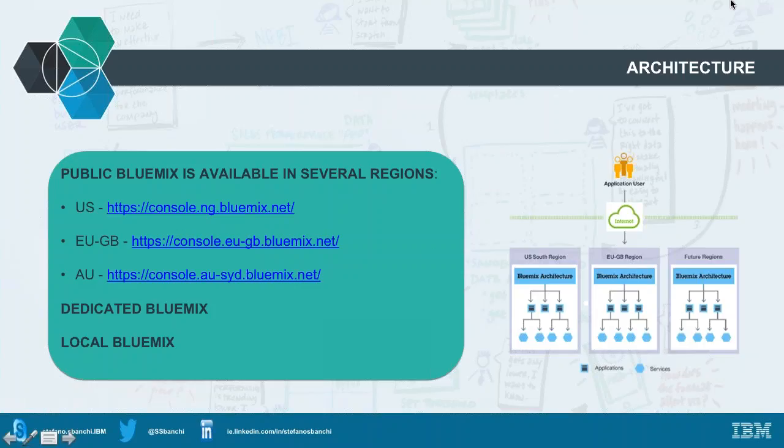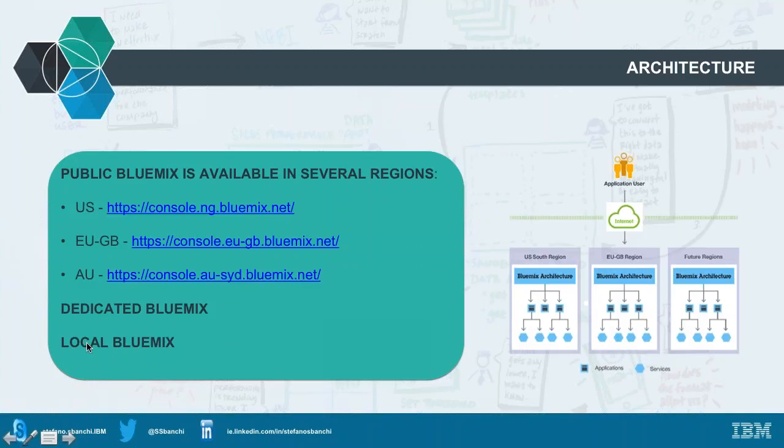So for recap, three options: public, and public is available in US, EU, and Australia. Dedicated, you will claim your dedicated instance in one of the SoftLayer data centers available all over the world. The third option is for big companies that want to retain the infrastructure locally.